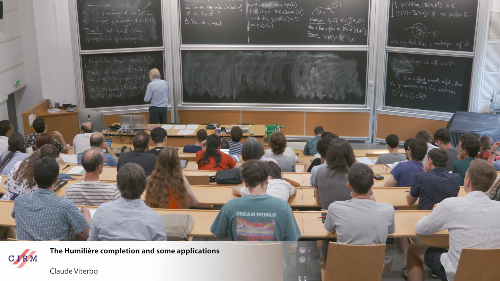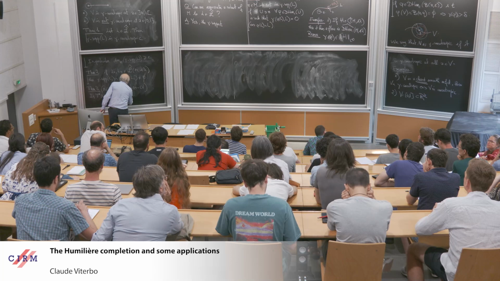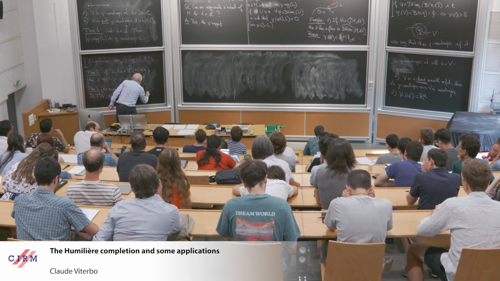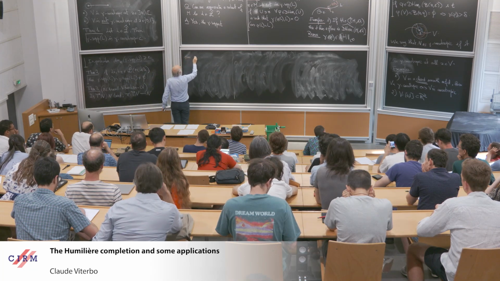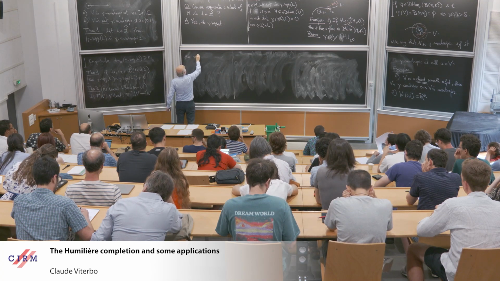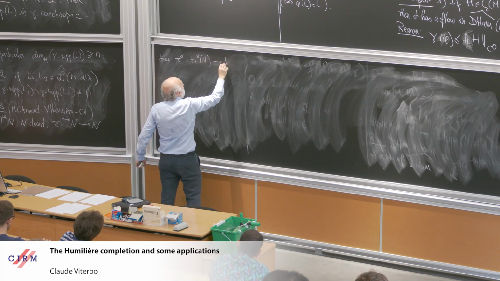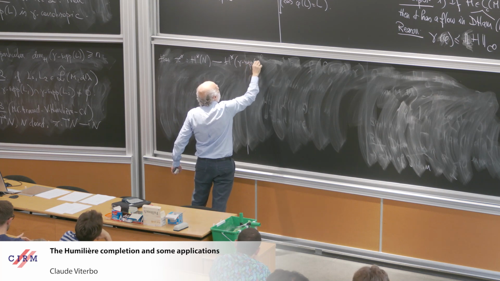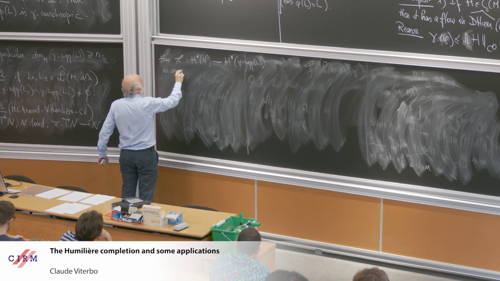And so if in T star n, so if pi is the projection from T star n to n, then pi hat from the cohomology of n to the cohomology of the gamma support of L is injective.